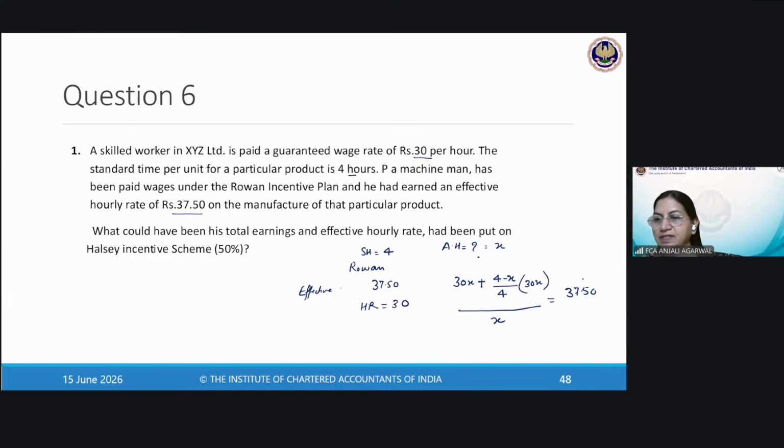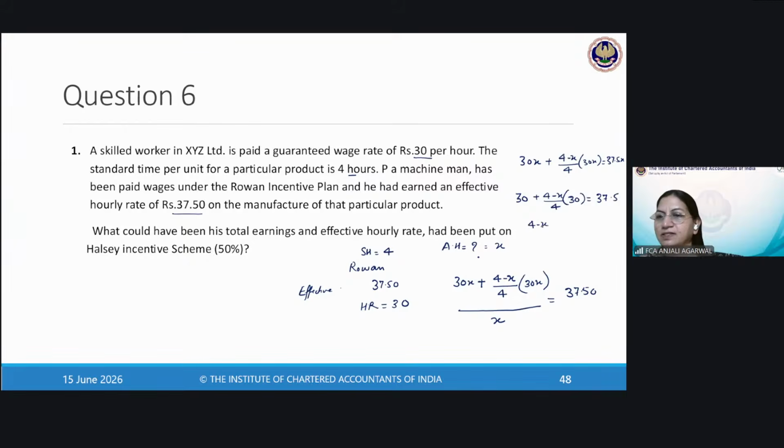So 30X plus (4 minus X) upon 4 into 30X is equal to 37.5X. You divide the whole equation by X. It becomes simplified: 30 plus (4 minus X) upon 4 multiplied by 30 gives you 37.5. This X will cancel.